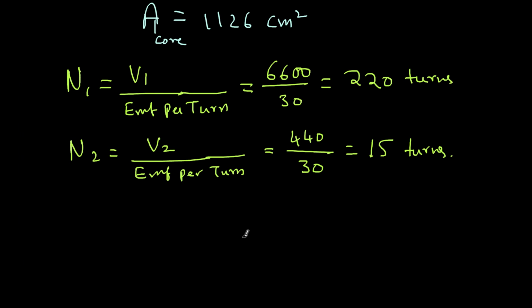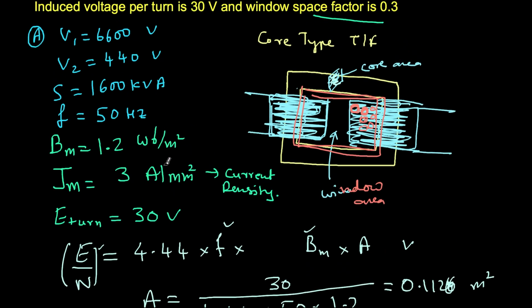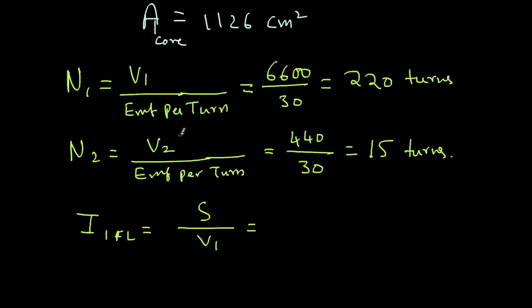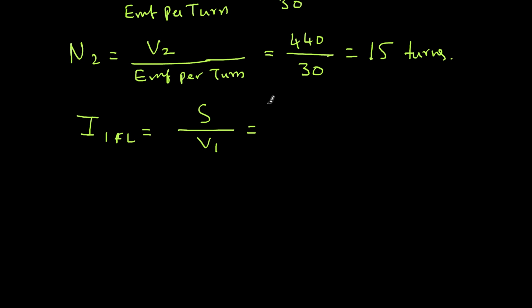Now, with this many turns, let us also calculate the full load current, I1, at full load. For finding the full load current, you can divide S by V1. S is 1600 kVA, and V1 is 6600 volts.